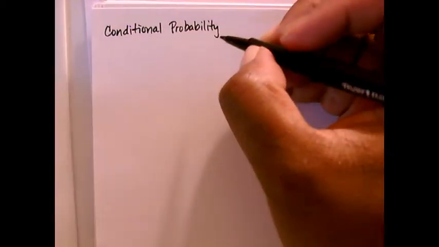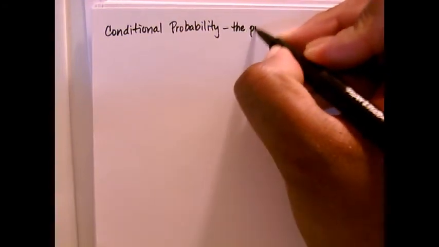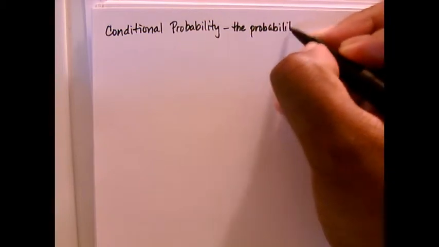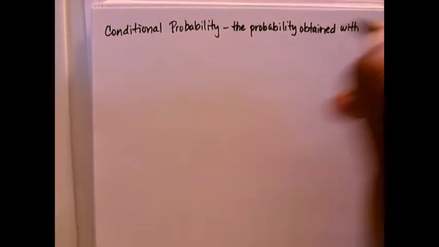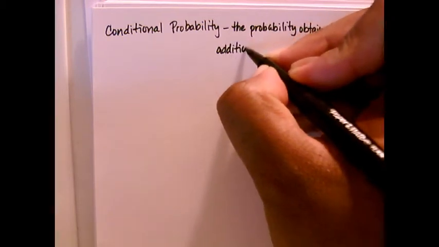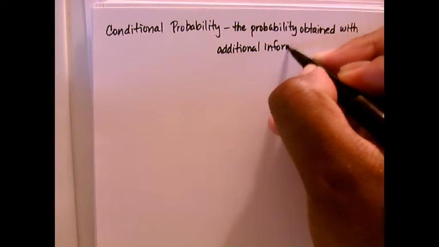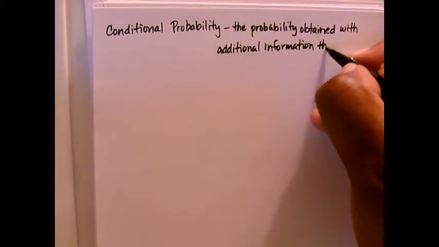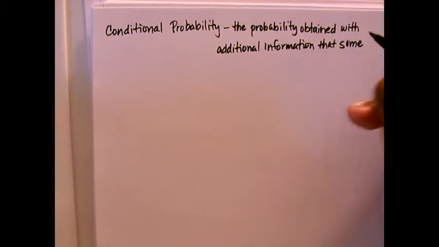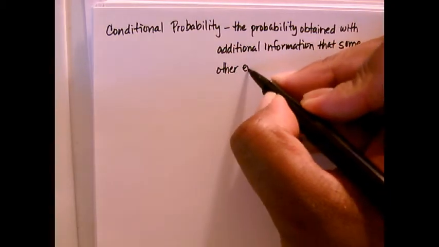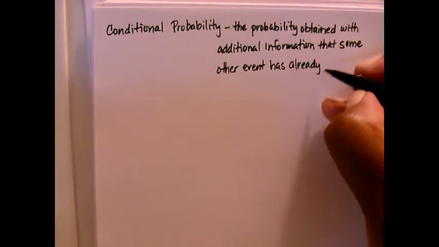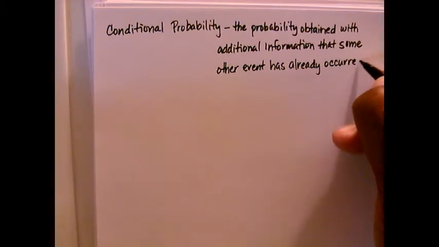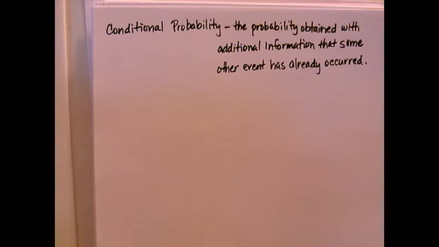And by definition, the conditional probability of an event is the probability obtained with additional information that some other event has already occurred.